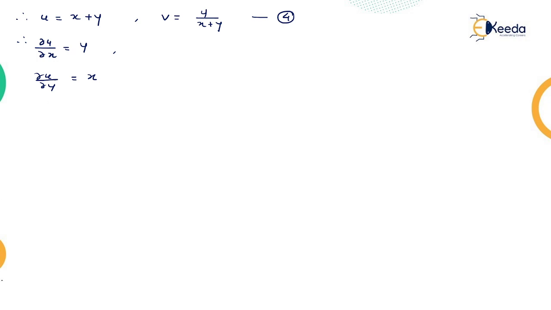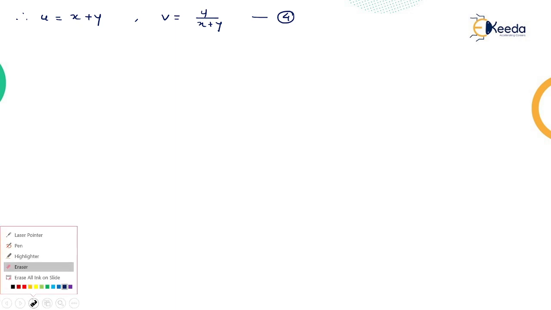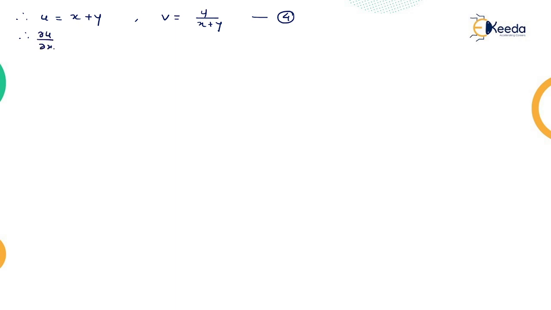Now for v = x/(x+y), ∂u/∂x means you will get only 1, keeping the other variable as a constant. So ∂u/∂x is equal to 1, the y derivative is 0, right? ∂u/∂y is also equal to 1.